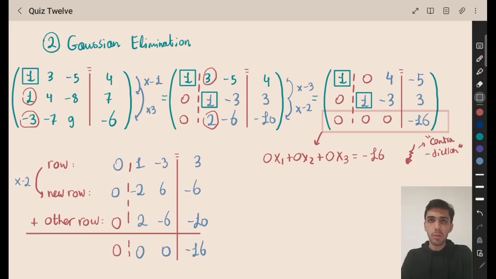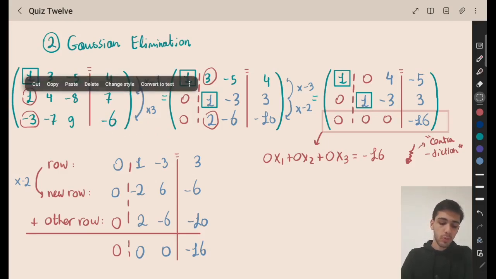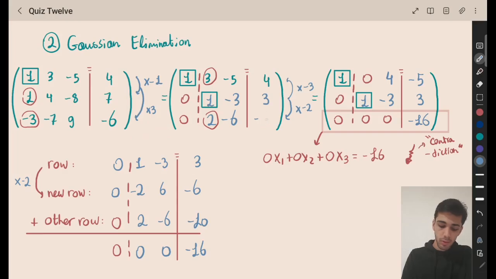This should give me 12. And when I take away 6 from it, I should get a 6 and not a minus 10. 12 minus 6 is 6. So this is 6. Then now I get a 0.